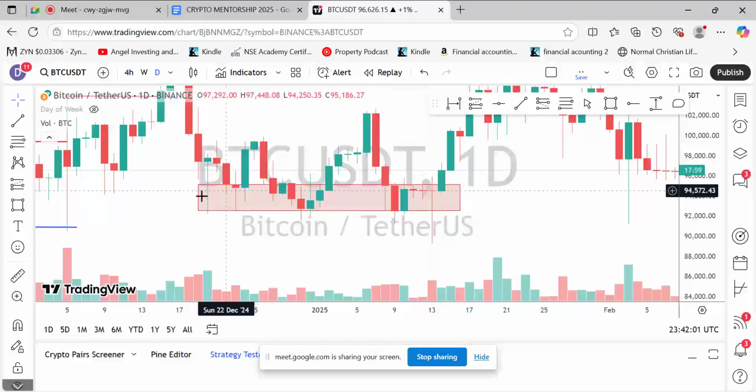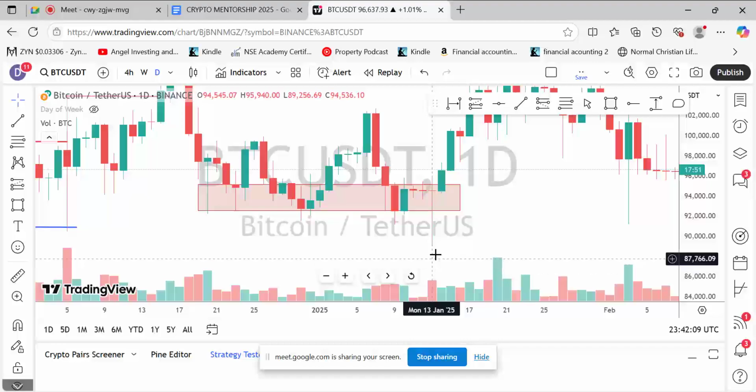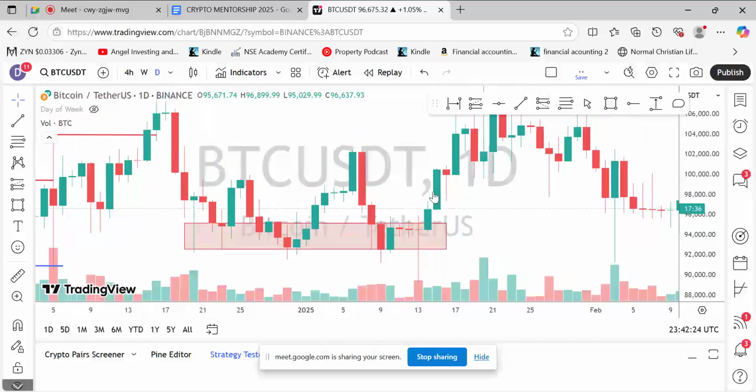So for 25 days they have been manipulating these markets. And then this candlestick came and cleared the stop loss. And after clearing the stop loss, what happened? It closed back inside the range. Do you see that? Good. Now, that is one thing that you need to look out for.